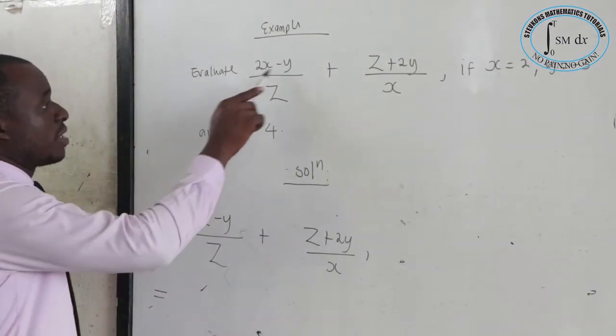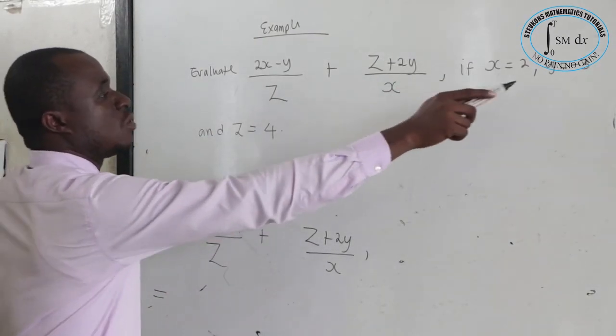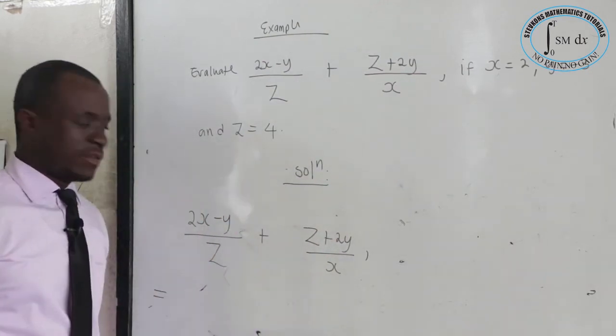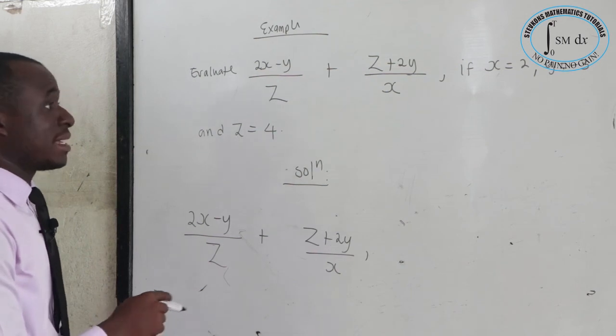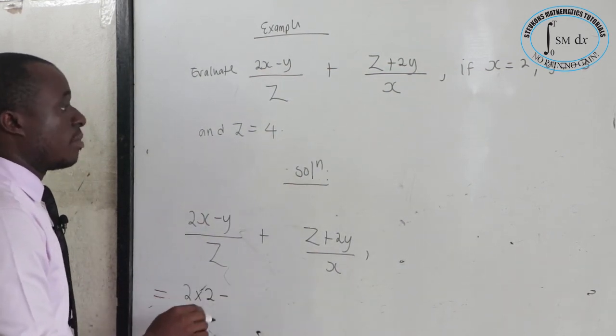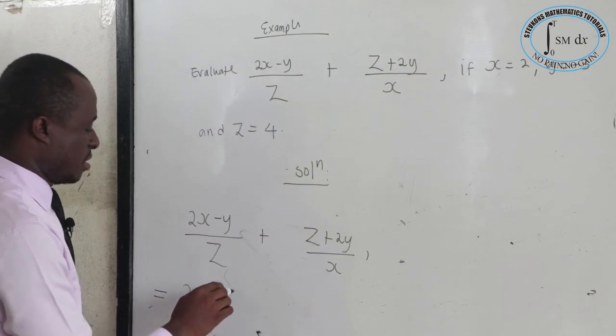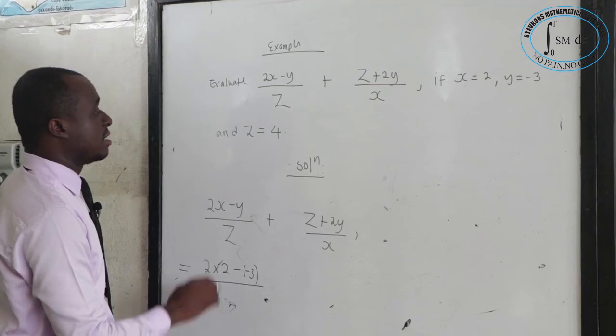I want to evaluate 2x minus y over z plus z plus 2y all over x, if x is 2, y is negative 3, and z is 4. Now, we have to substitute the values. What is x? Our x is 2. So we have 2x, that is 2 times 2. Minus y. What is y? Y is negative 3. So it should be in brackets all over z. What is z?